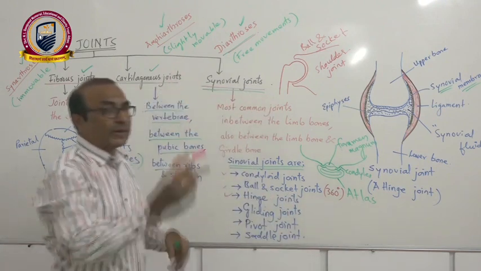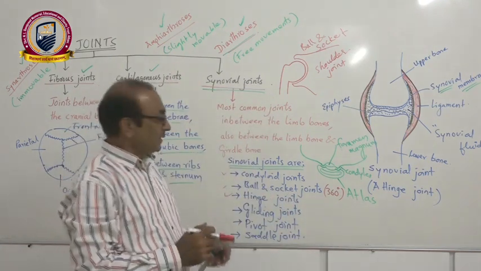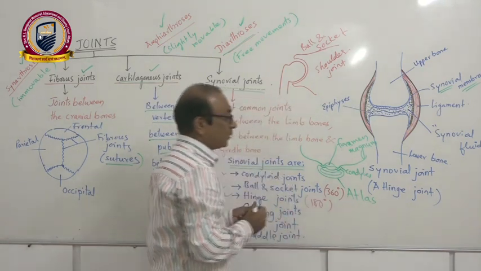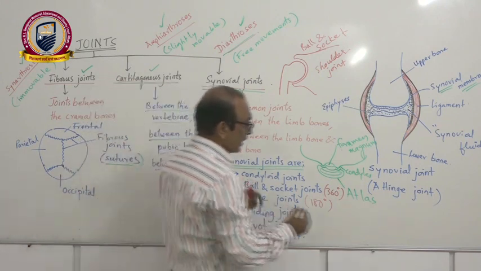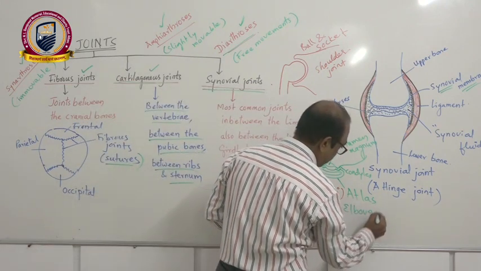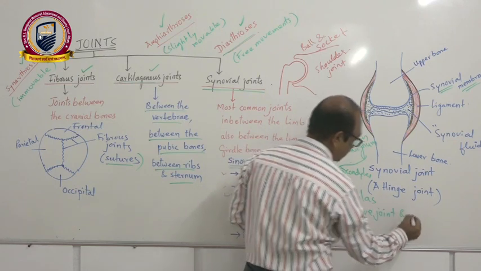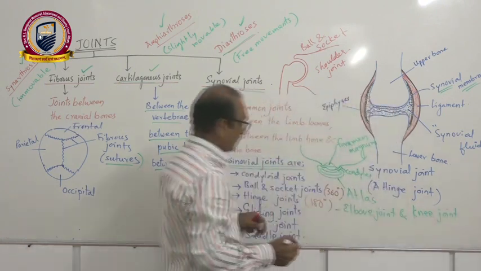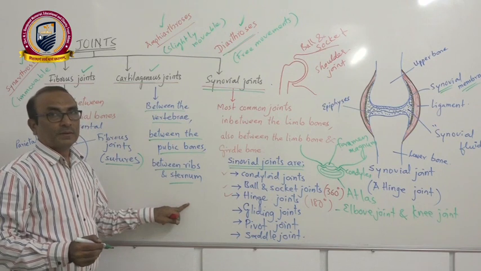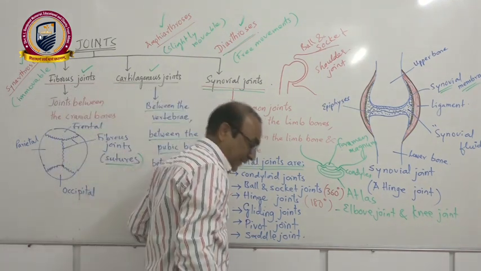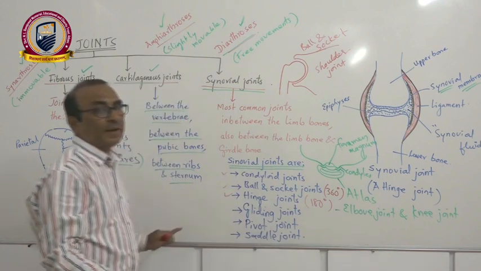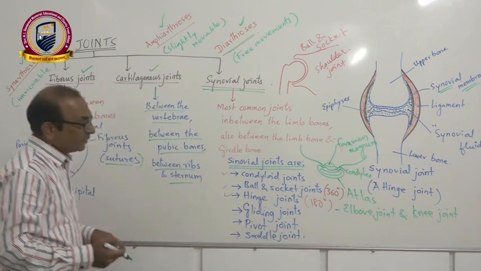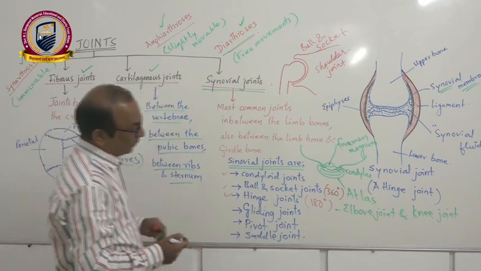The elbow joint as well as the knee joint are both hinge joints, so they allow 180-degree movements. Legs, for example, we can bend back like this, but we cannot bend forward. If that was the case, we would not have been able to walk at all, right? So that's how these joints are helping us in proper movements.